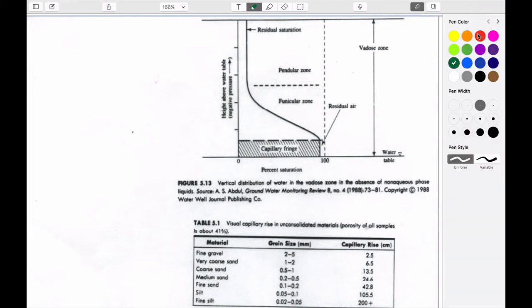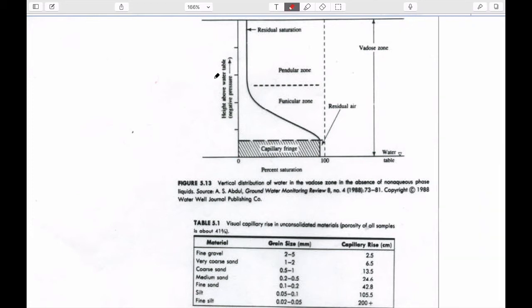If we look at what the pressure with depth distribution looks like, it would look like this. So this is the water table here. This could be the ground surface, I suppose, here. And this is our saturation of water that we've talked about many times, between 0 and 100%.